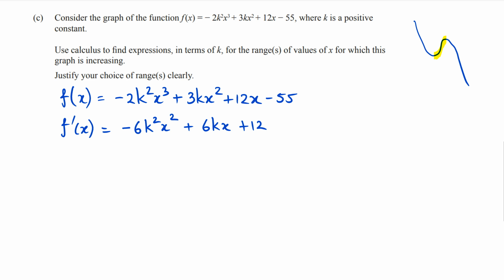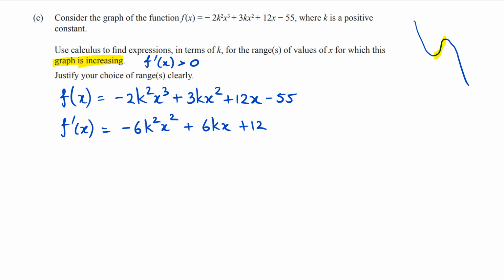So the next thing to remember is that when the graph is increasing, f dash of x has to be greater than 0. All right, that's what it basically means. When a graph is increasing, it's greater than 0. When it's decreasing, it's less than 0.